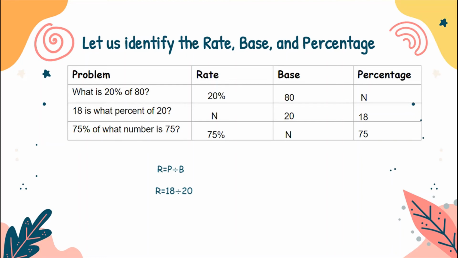In our second question, 18 is what percent of 20? In this case, we are going to use the rate formula, which is R equals P divided by B, wherein P is 18 and B is 20.